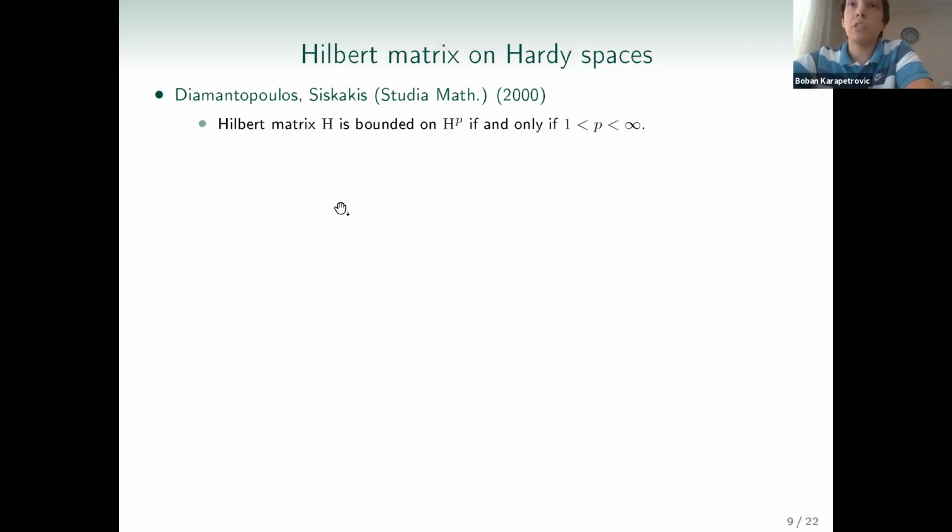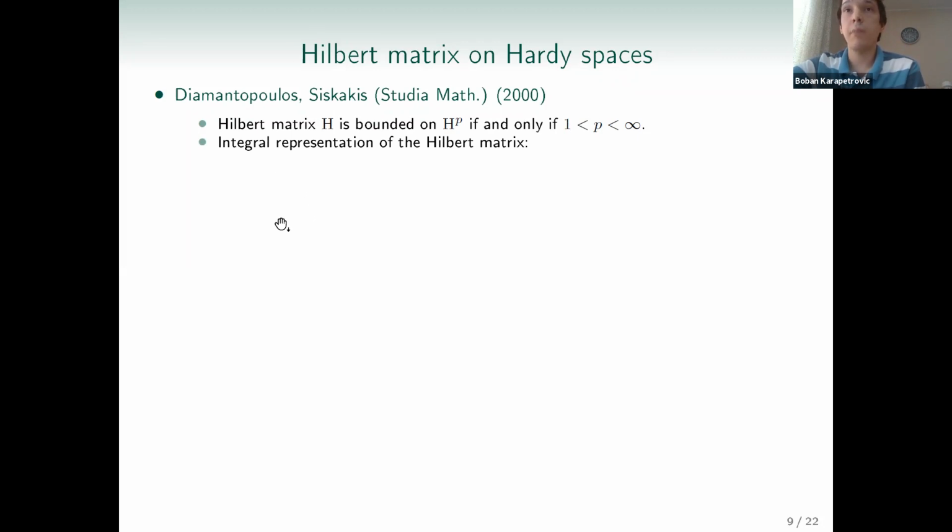The Hilbert matrix H is bounded on the Hardy space H^p if and only if p is strictly between 1 and infinity. And also, very important, they obtained the following integral representation of the Hilbert matrix.